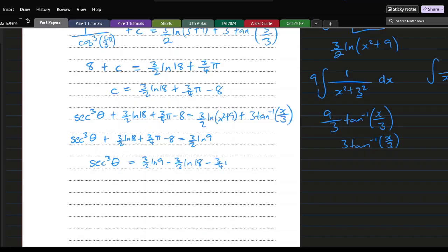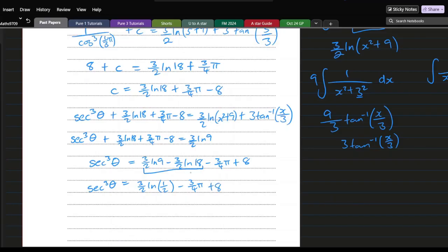So sec cubed theta is equal to, I'm just going to combine these two using laws of logarithms, 3 over 2 ln 9 over 18, so that's ln 1 over 2, minus 3 over 4 pi plus 8.